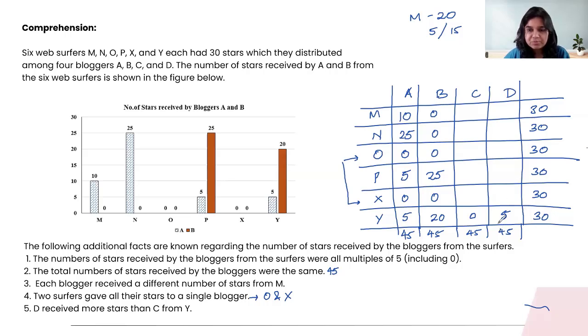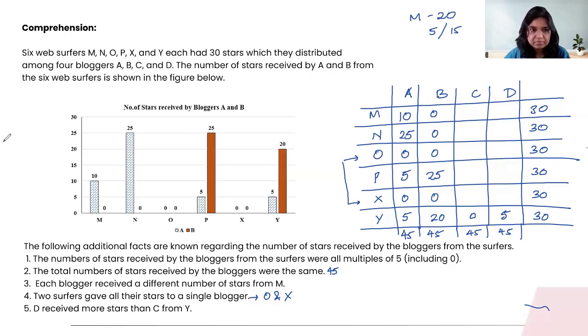So D will have to make 45. In order to make 45, this is already a 5. That means D is left to make 40 from the rest of them, right? Now, if D has to make 40 from the rest of them, and D is already getting either a 30 from O or from X, that means D is left with another 10 more points.